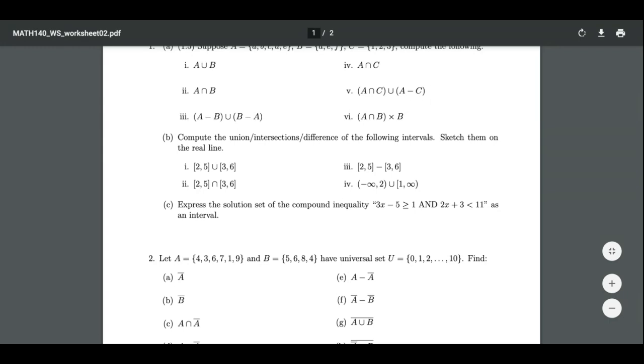Okay, so what is your answer for B? Number 1, B, I. The interval 2, 5, closed interval, and 3, 6. What's the union of those two sets? We're talking about real numbers, right?